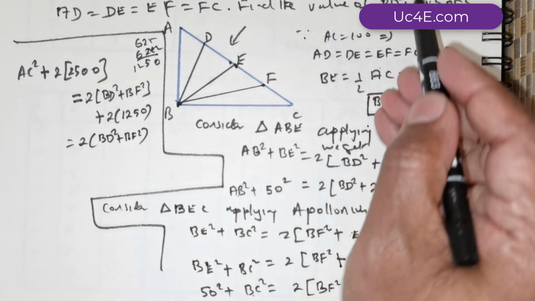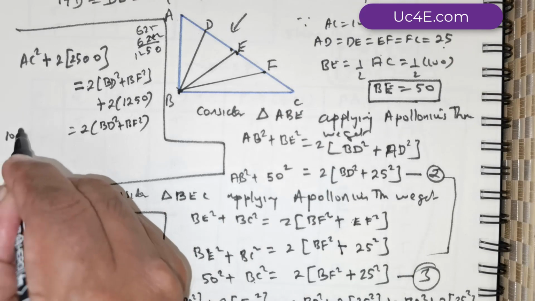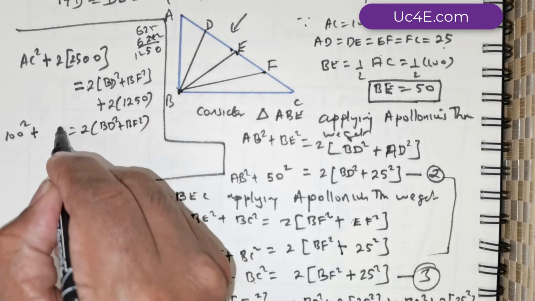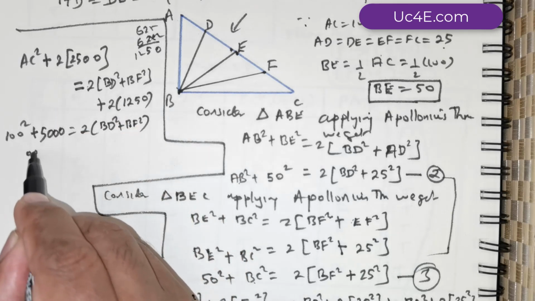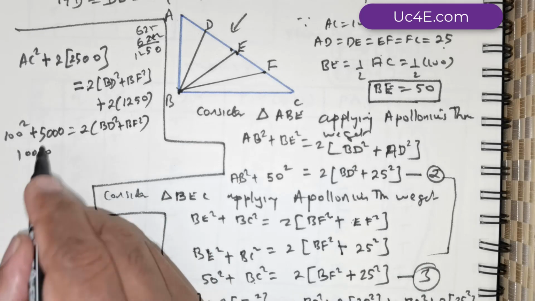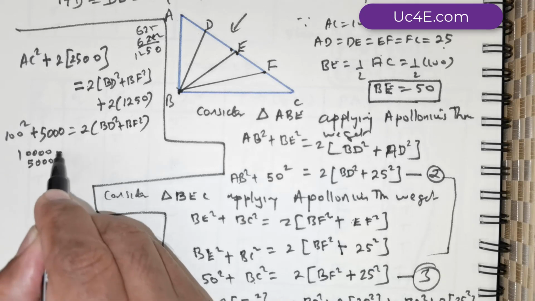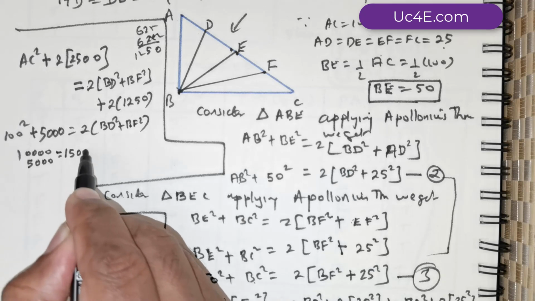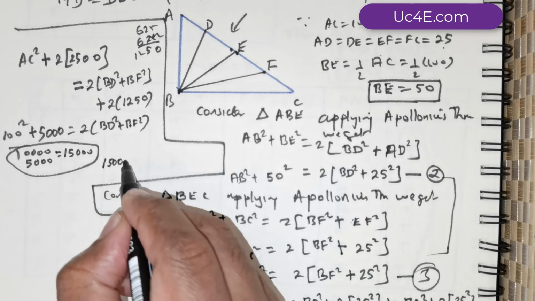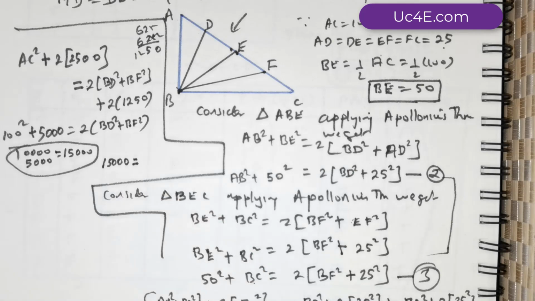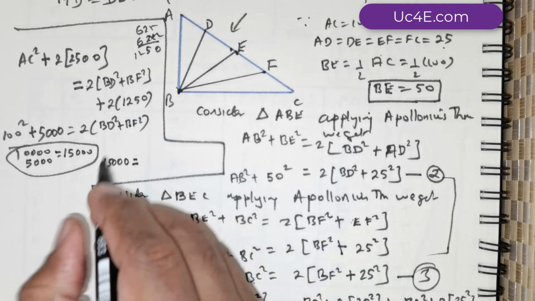Now what is AC? AC is given to be 100, so AC squared is 100 squared. So on the left I've got 10000 plus 5000, which is going to give me 15000. So this is what I've got on the left. So let me write that down: 15000 is equal to, now I did not push this to the left side, so I will have to push that.